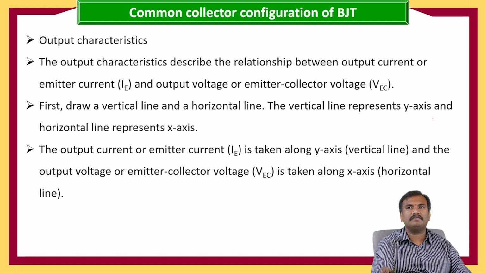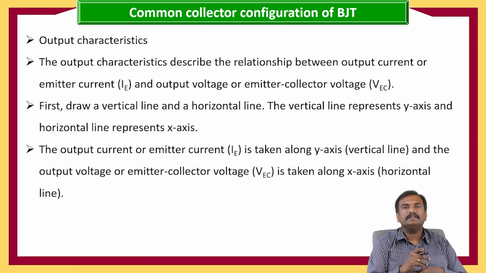Vertical line represents the y-axis and horizontal line represents the x-axis. Now, the output current is taken along the y-axis. We always take the currents on the y-axis and the voltage on the x-axis.